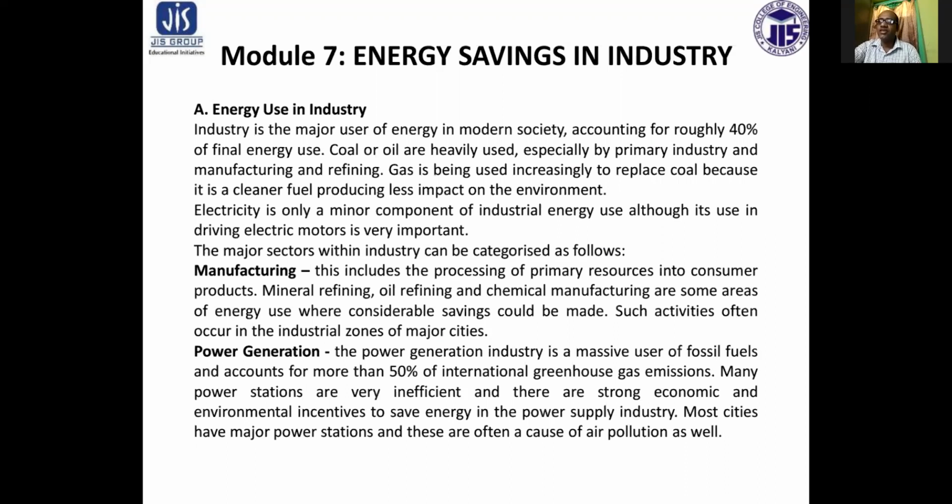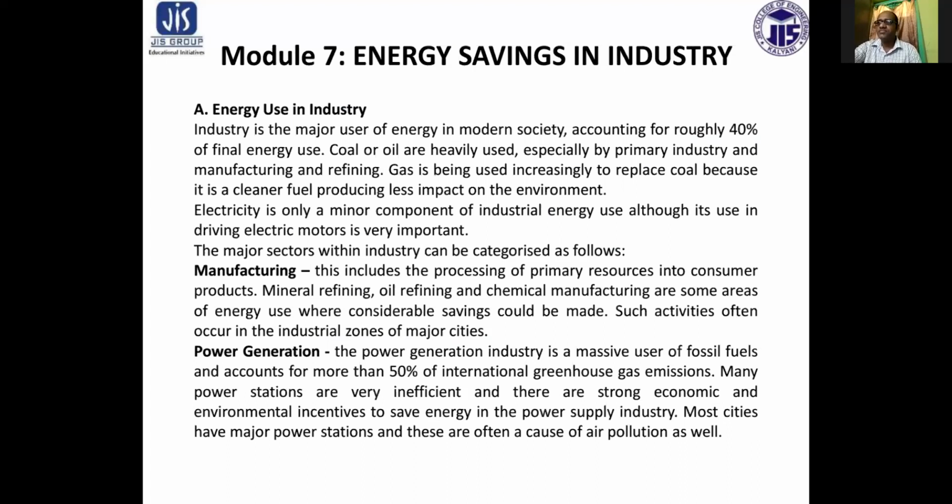Mineral refining, oil refining, and chemical manufacturing are some areas of energy use where considerable savings could be made. Such activities often occur in the industrial zone of major cities.